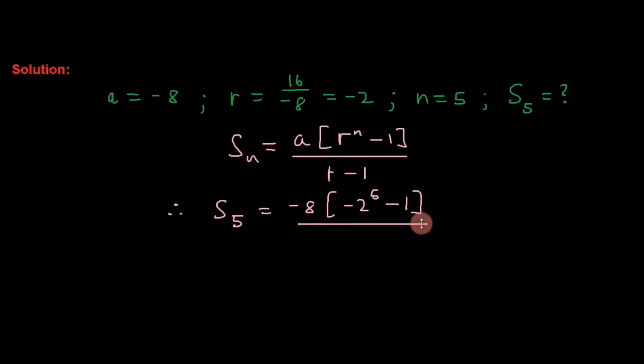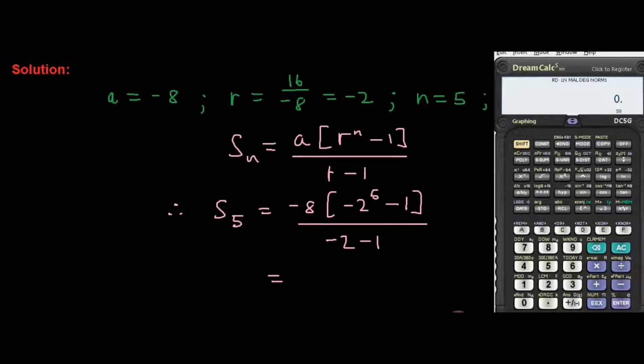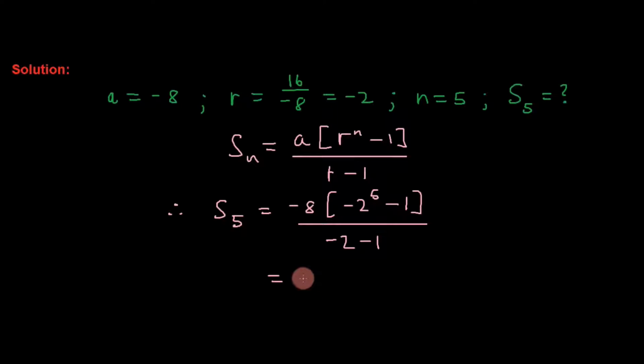And this is all over r minus 1. So negative 2 minus 1. And working this out on a calculator, we see that our answer comes to negative 88. So S sub 5 is negative 88.